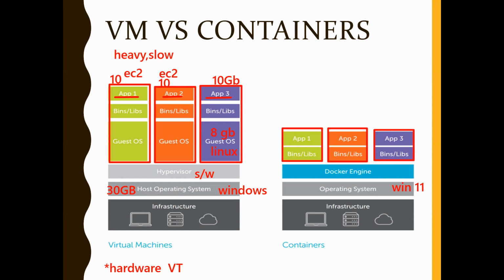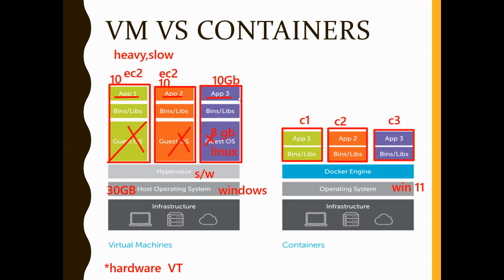So this is a container, container, container. If you notice here, a container has the application and the binaries and libraries of the app, nothing else. What is missing? The OS. They do not have their own operating system.